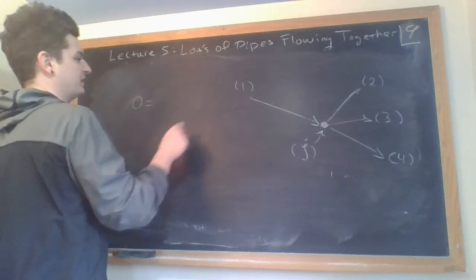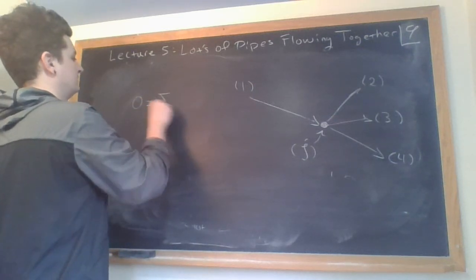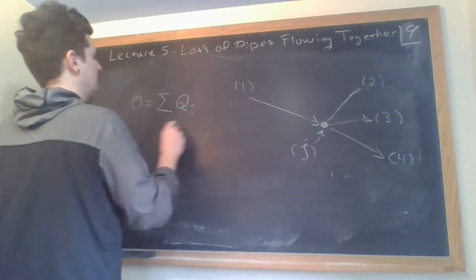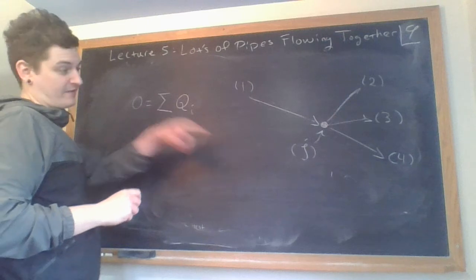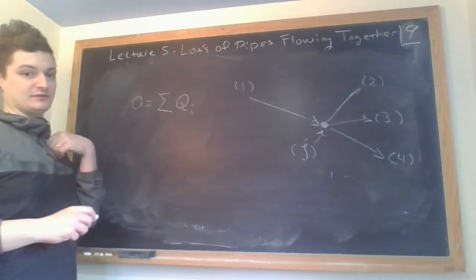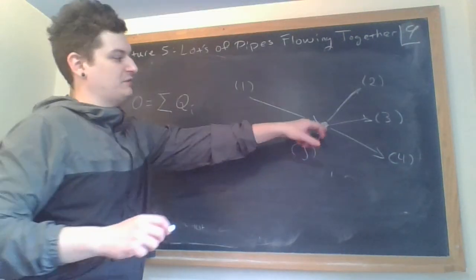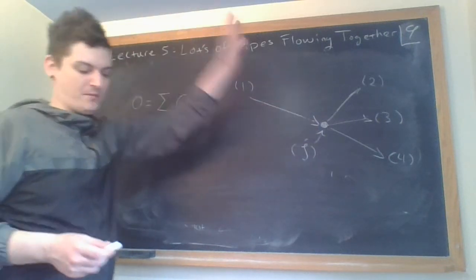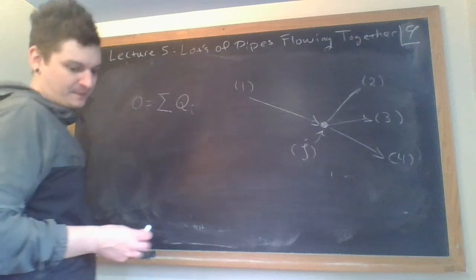For each junction point in some web of nodes, you would need to sum up all the flow rates at this junction point, and they have to equal 0, because you cannot generate. The idea is whatever comes in has to leave, so you can't generate fluid mass at a point. That's what you're saying when you say this.